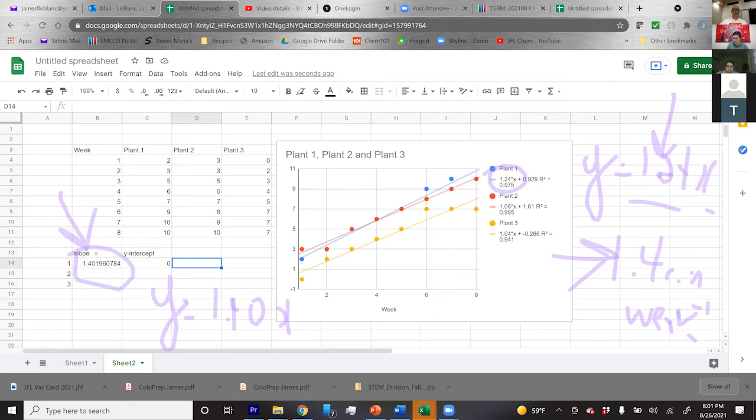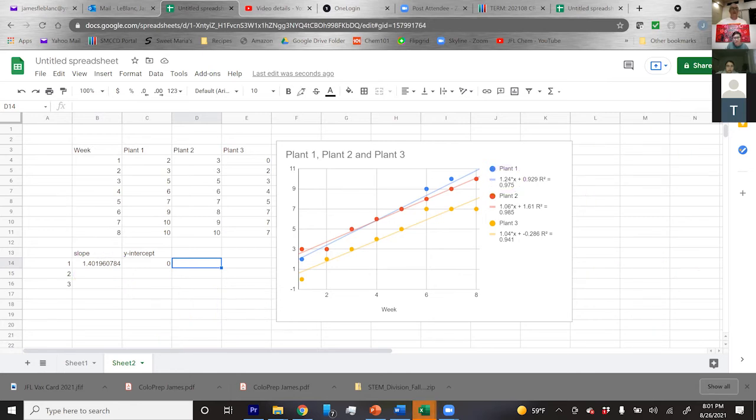So let's do the same thing for the other two, so we can sort of see how we did that again. So how do we do that again? See if I can remember. So we want LINEST. Oops, I forgot the equals. Got to put the equals in there. Equals LINEST, brackets.